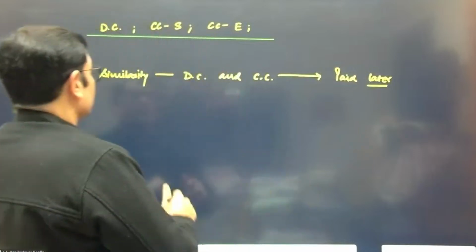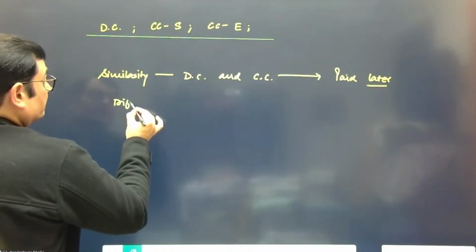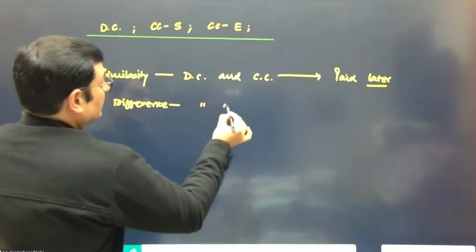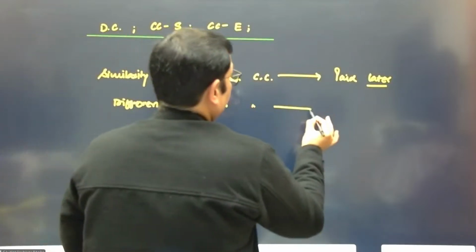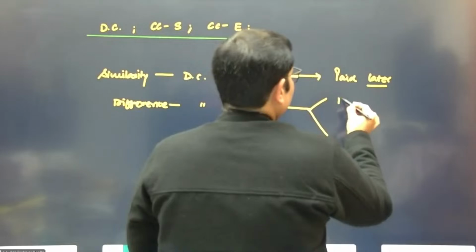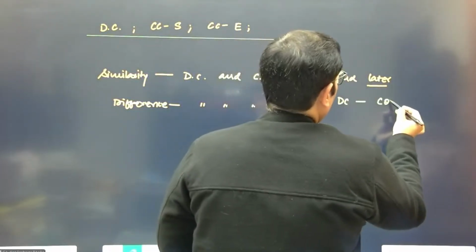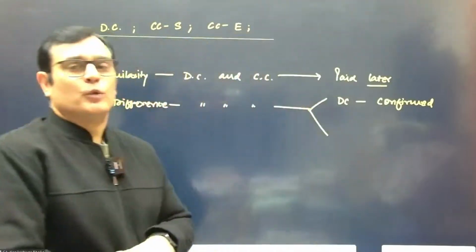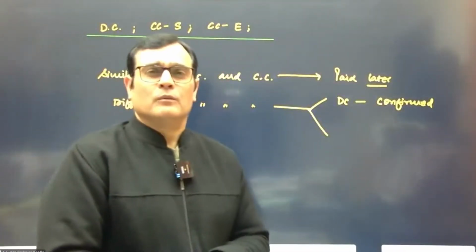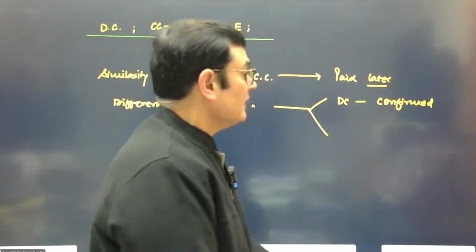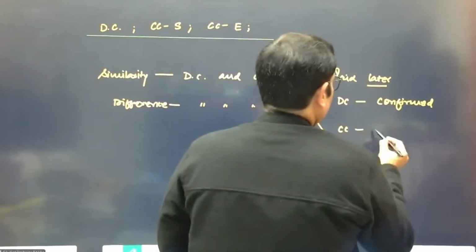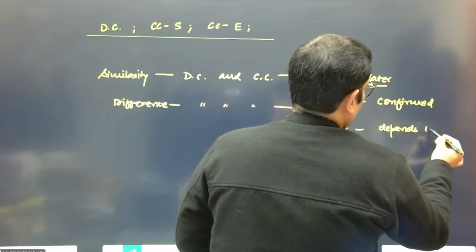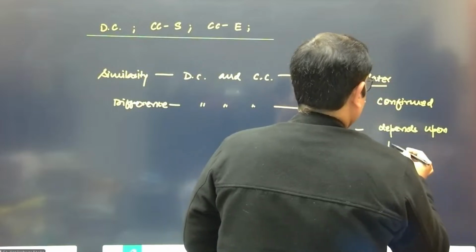But if you ask me what is the difference between the deferred consideration and the contingent consideration, I would say DC is going to be a confirmed payment. No ifs and buts. Definitely will be paid in the future. But contingent consideration depends upon ifs and buts.